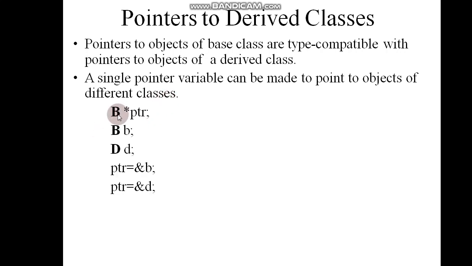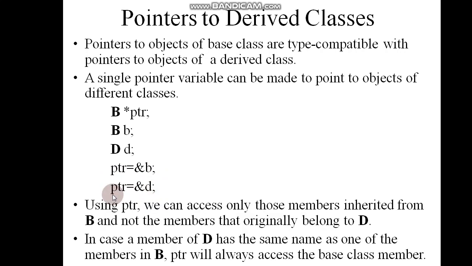B is the base class. BPTR is the pointer of the base class. B is an object of the base class. D is an object of the derived class. We can store the address of a base class object in PTR. We can also store the address of an object of the derived class in PTR.